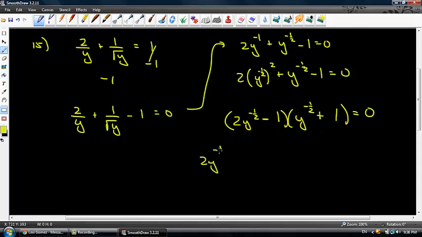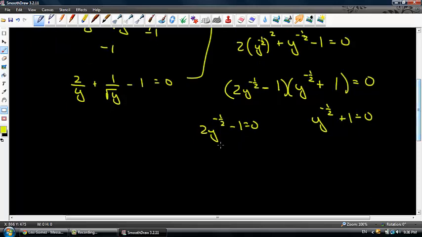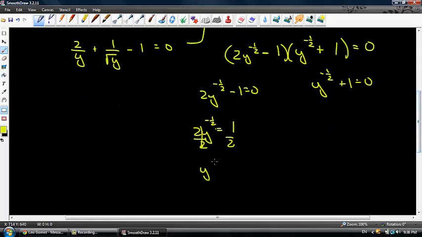So 2y to the negative 1/2 minus 1 equals 0. y to the negative 1/2 plus 1 equals 0. So I've got 2y to the negative 1/2, sorry, I'm getting kind of tired here, equals 1. Divide by 2, so I've got y to the negative 1/2 equals 1 over 2.